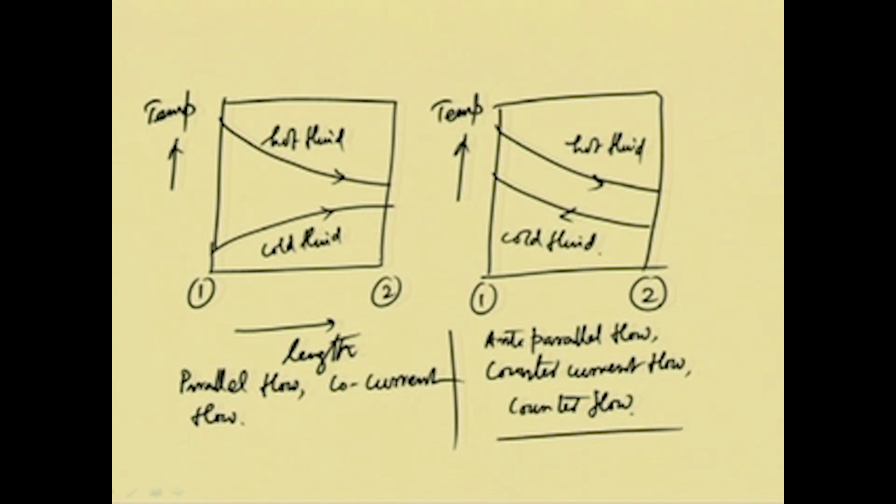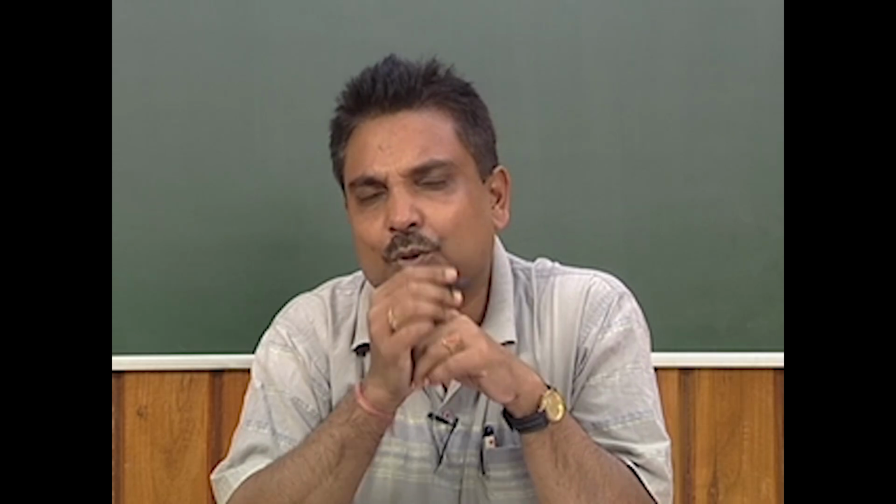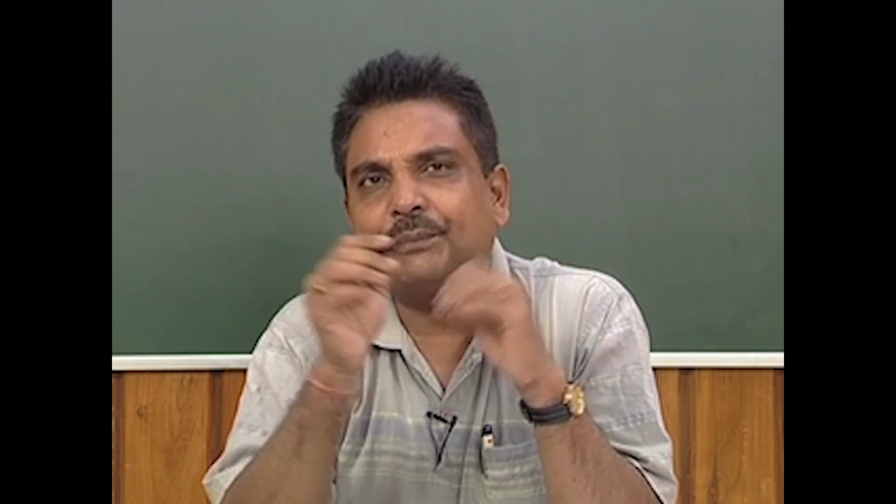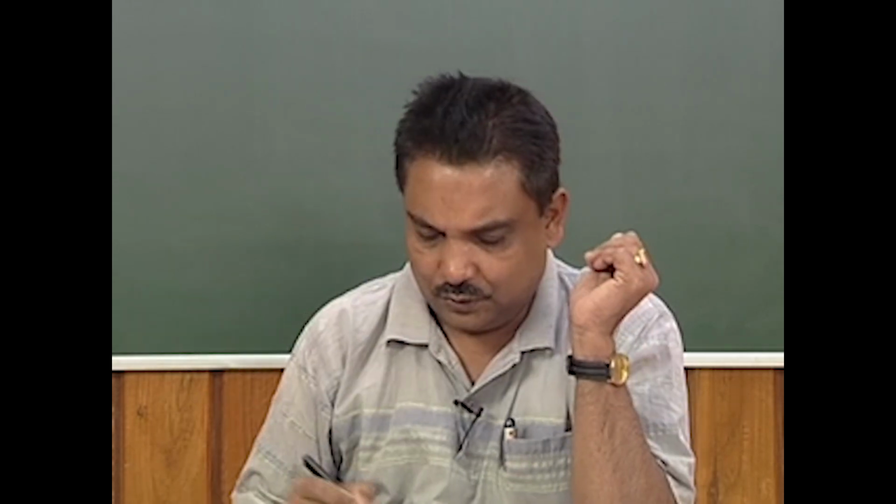So different nomenclatures are given for this kind of situation. We can say that in double pipe heat exchangers, it will be almost a perfect parallel flow or almost perfect anti-parallel flow or counter current flow.